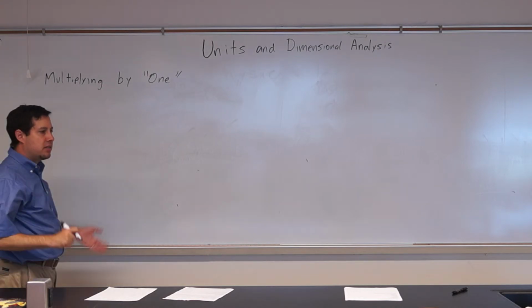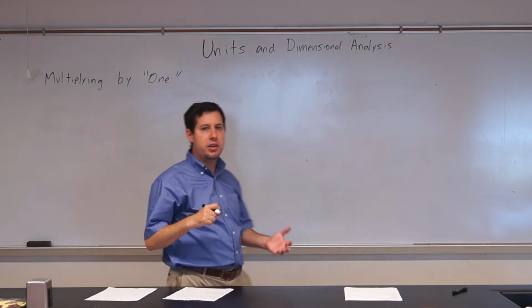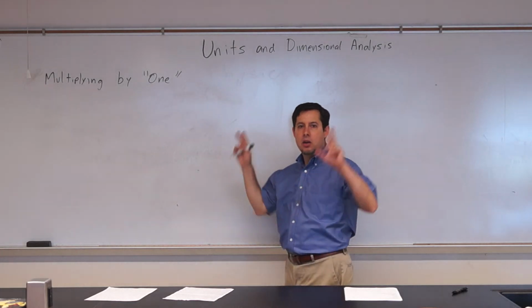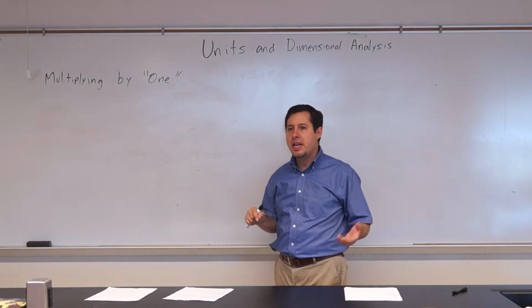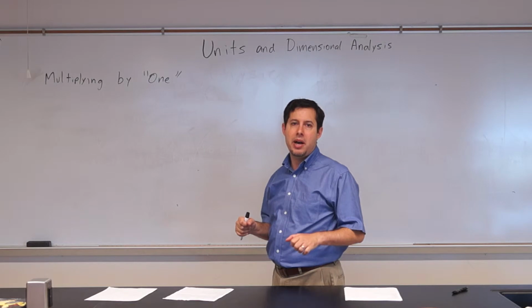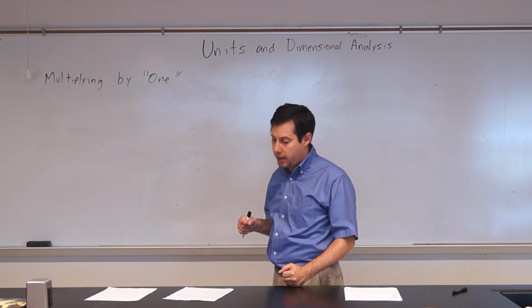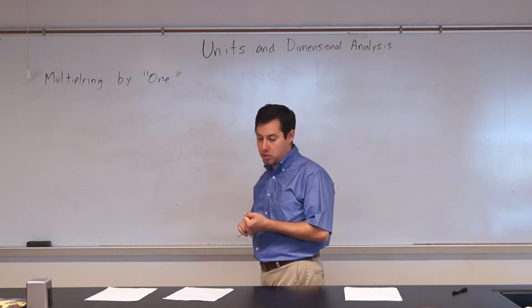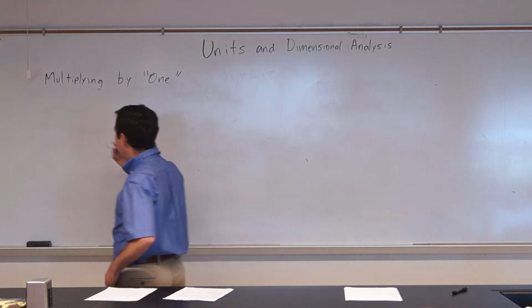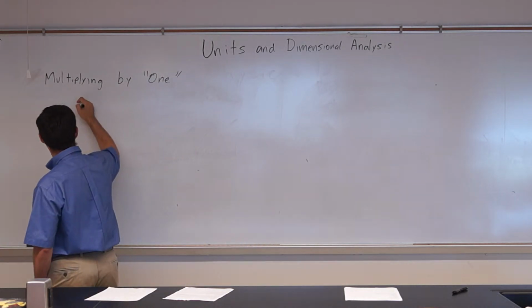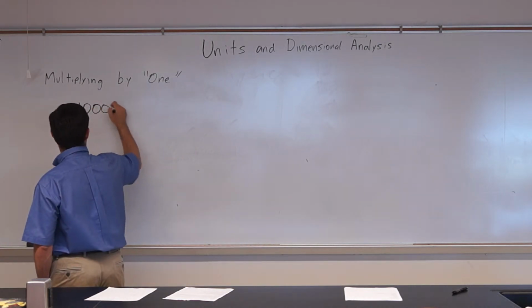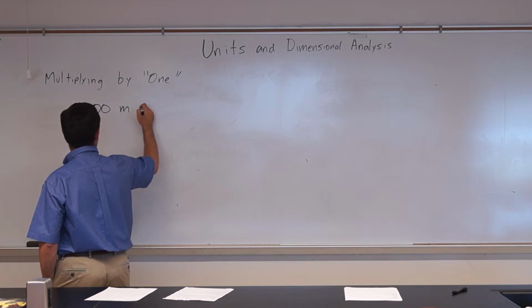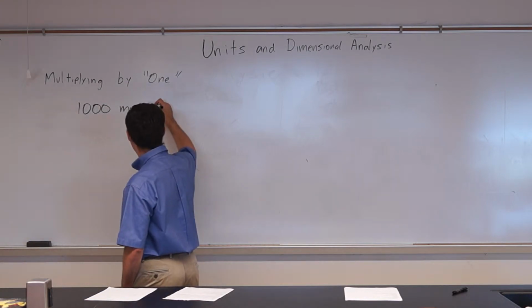Because in dimensional analysis, all you're doing is you're taking a quantity and you're multiplying it by the number 1. And not strictly by the number 1, but by a ratio that equals 1. And I'm going to show you how this works. So let's say, for example, we know that there are 1,000 meters in a kilometer.